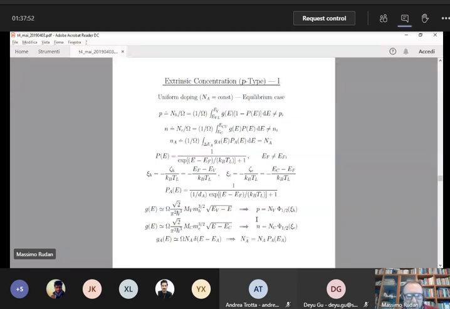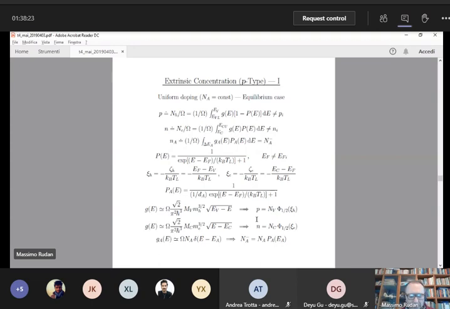In this case it is called dA, but its value is still equal to 2. So in conclusion, Na minus, you see it in the last line, is equal to the concentration of the acceptor atoms times the probability of occupancy calculated at E sub A.